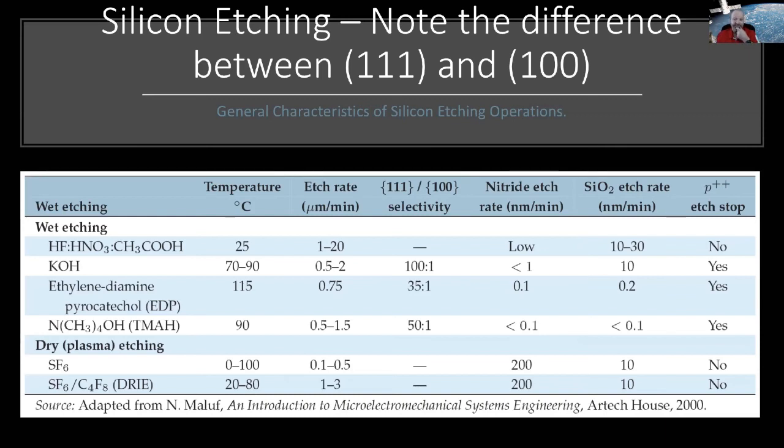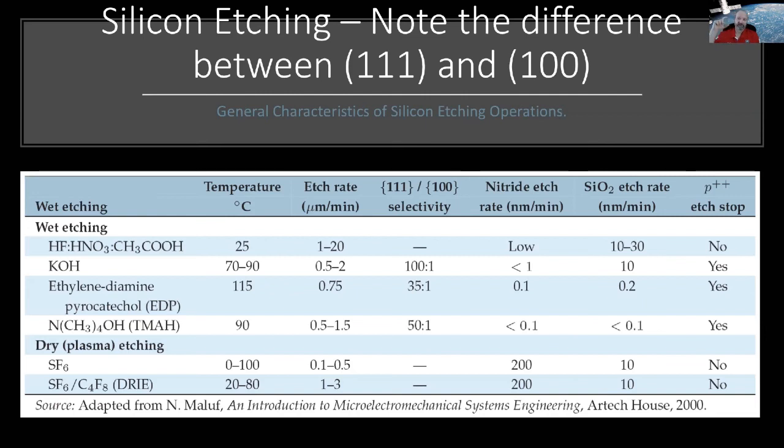Okay, and then if you use nitride, nitride is short for silicon nitride, you can see that doesn't etch at all in potassium hydroxide. So that makes it a good mask material, right? That silicon nitride isn't going to let anything through it, at least potassium hydroxide. Now if you were to use silicon dioxide as your hard mask material, because you could do that, it's going to etch at 10 nanometers per minute.